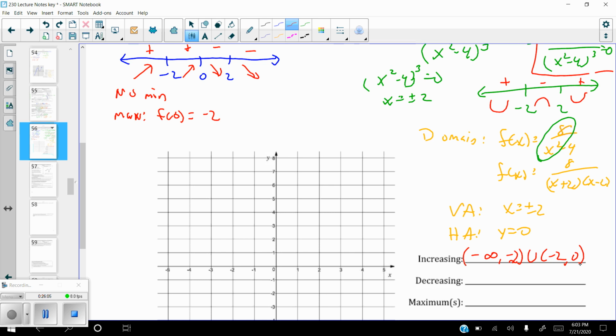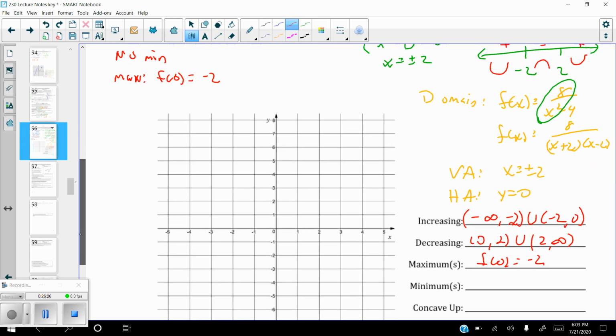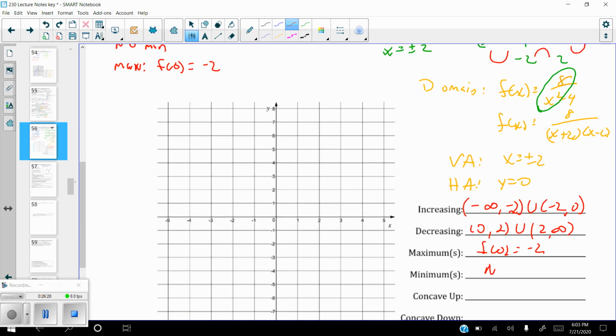Decreasing, same idea. So we're going to start at 0 up to +2, and then we're going to go from +2 to infinity. Okay, maximum. We do have a maximum value. It was f of 0 equals -2. The maximum is -2. We had no minimum.